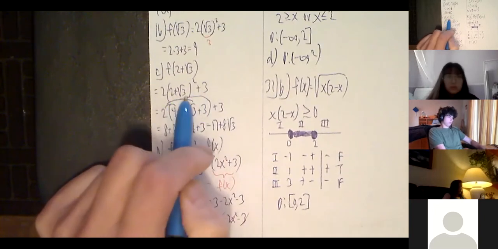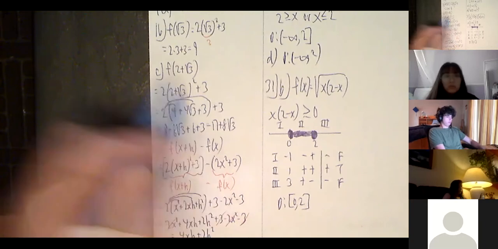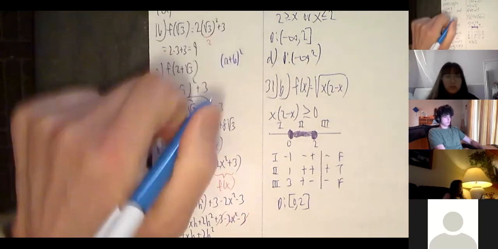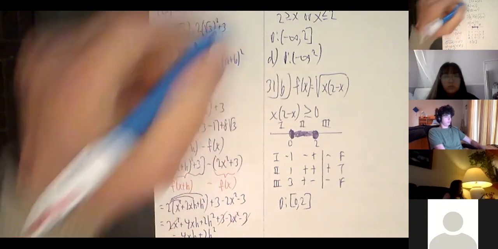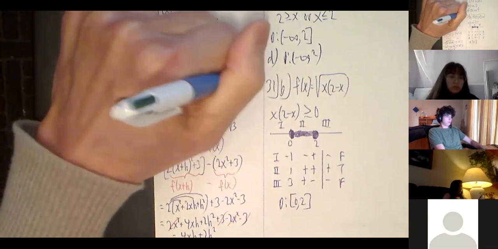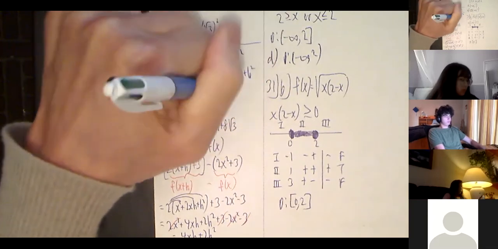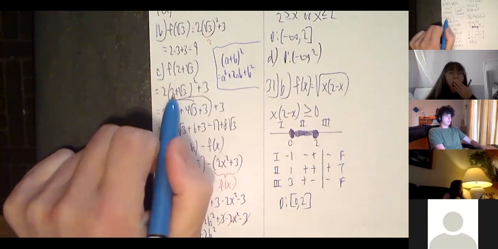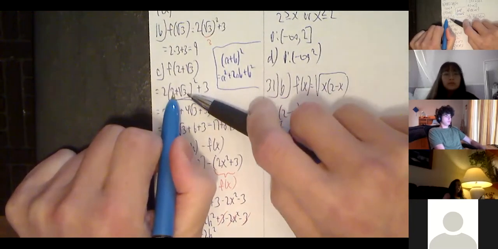So I square this. Remember, that looks like a plus b squared. Okay, the shortcut, do you remember that? A squared plus 2ab plus b squared. So I use that over here. That's like my a. That's like my b.